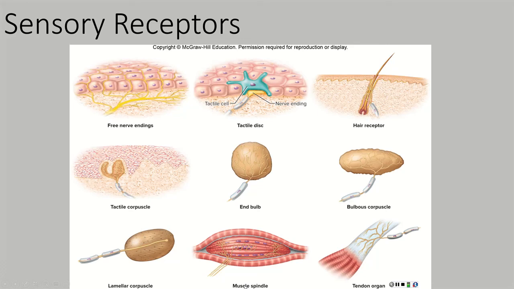Next, muscle spindles. Sometimes these are called spindle fibers, but muscle spindles surround skeletal muscles. They tend to be at the areas close to a tendon, and they're responsive to stretch of that muscle. And the way they do that is we can see here they are kind of wrapped around the muscle cells. And when the muscle cell is stretched, the muscle cell is very thin.